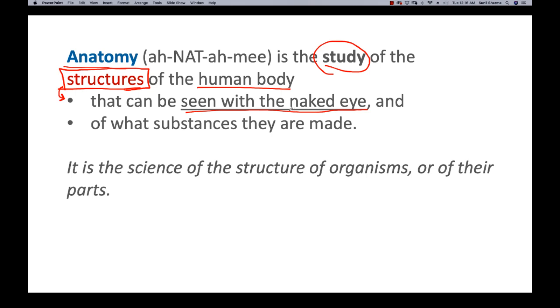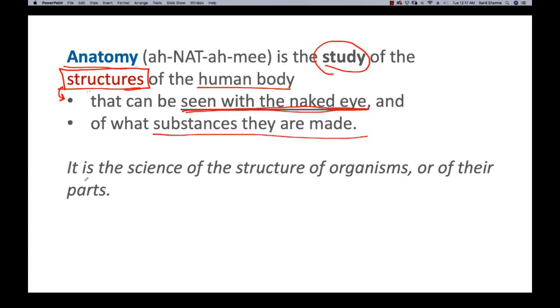Because if we're using a microscope, then we are talking about histology. But at this time, we're talking about anatomy. Anatomy is large structures that are easily seen with the naked eye, and of what substances they are made. So what 2 things are we going to look at? Structures and how these structures are structured, in other words, what they are made out of.